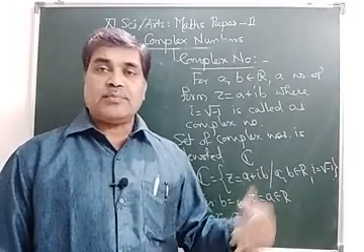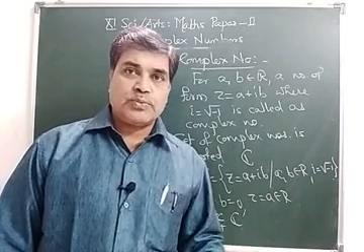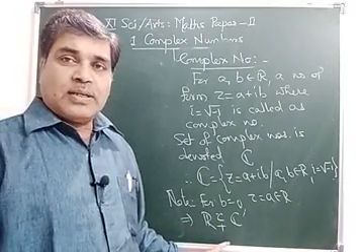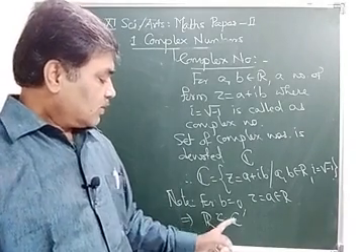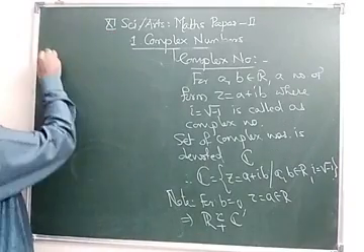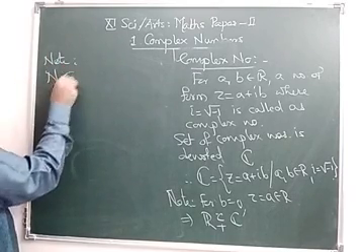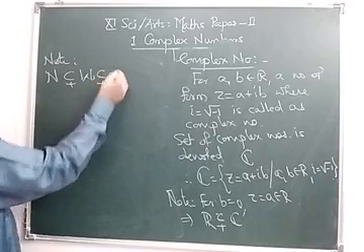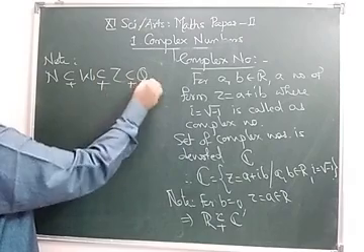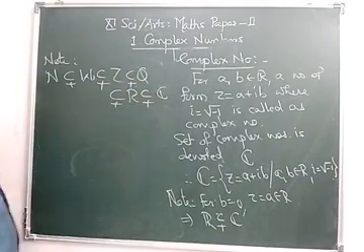We know that natural numbers are a subset of whole numbers, which are a subset of integers, which are a subset of rational numbers, and rational numbers are a subset of real numbers, real numbers are a subset of C. So note: N is contained in W, W is contained in Z, Z is contained in Q, Q is contained in R, and R is contained in the set of complex numbers.